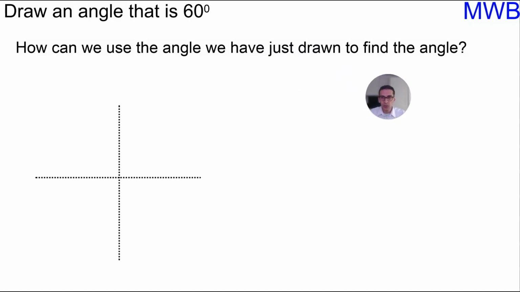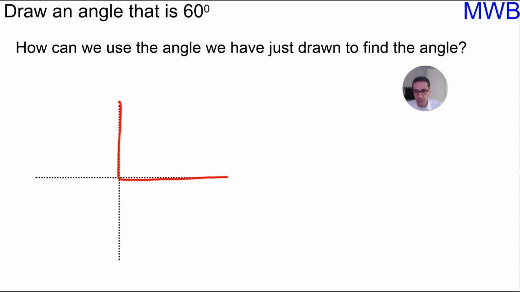So if I asked you to draw a 60-degree angle, well, we know we can draw a 90-degree angle here, and then we know that 45 is going to be halfway, 60 is going to be on the other end. Now, if we're measuring from here, that's going to be 45 degrees. 60 degrees will be somewhere up here.